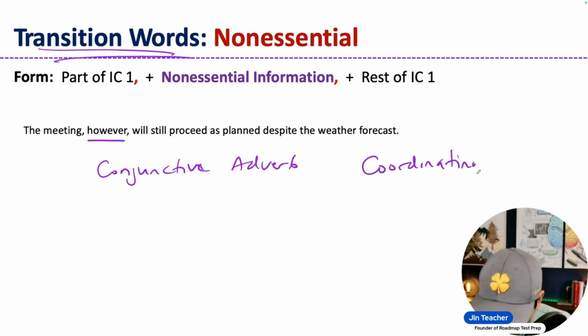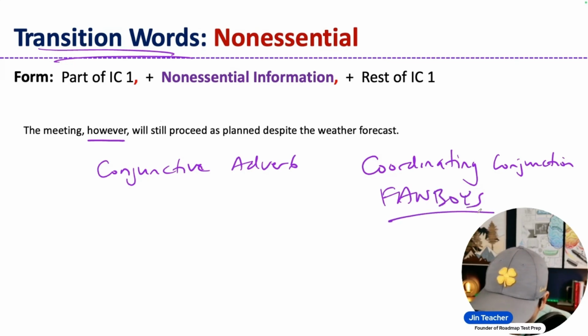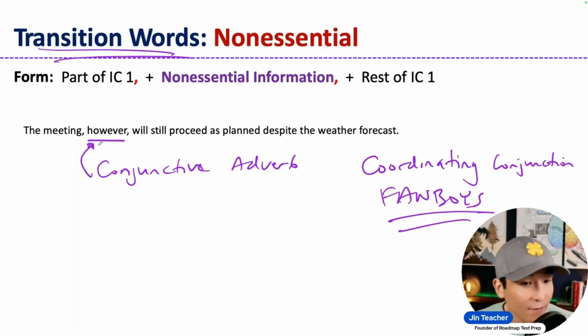Remember, a coordinating conjunction is the FANBOYS words. Conjunctive adverbs are not FANBOYS. Conjunctive adverbs are words like however, for example, therefore, in fact, for instance, as a result. These are conjunctive adverbs.